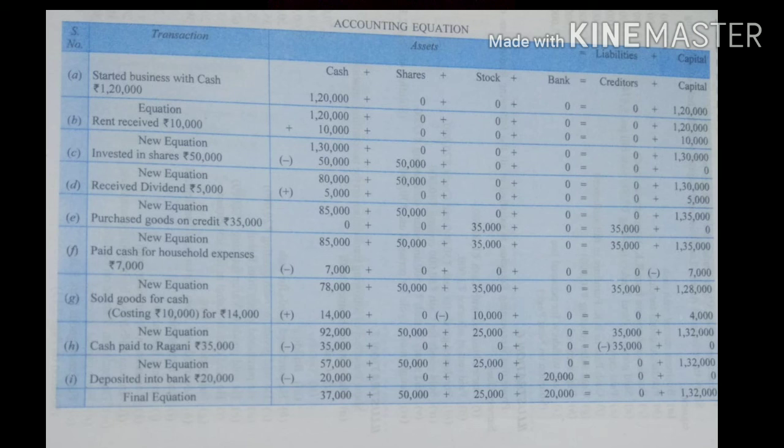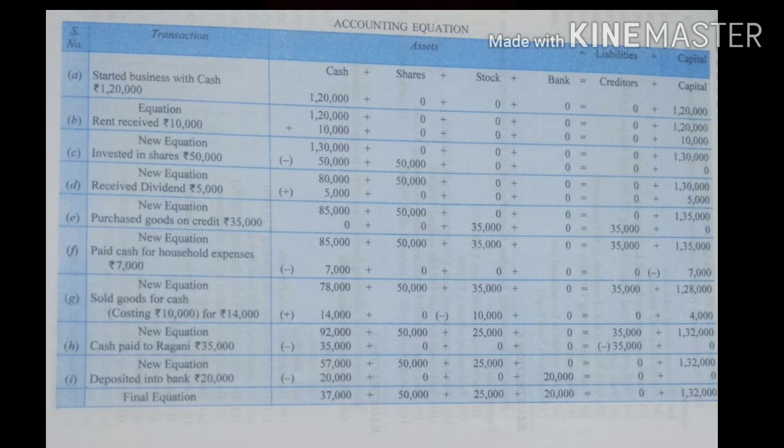Yeah, done. Then the next one is coming, last but not the least, many more you can get in your sums, that is deposited into bank 20,000. See, when you are depositing cash, okay, you have 500 in your pocket and you are going to the bank and depositing that, what happened? Your pocket is going to lose 500 and your bank balance is going to be increased by 500 or whatever the amount is.